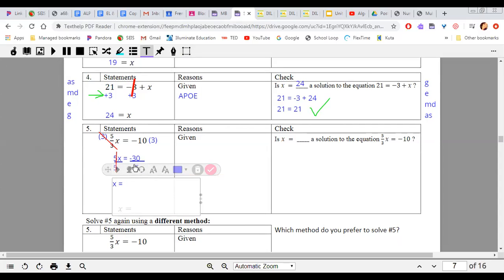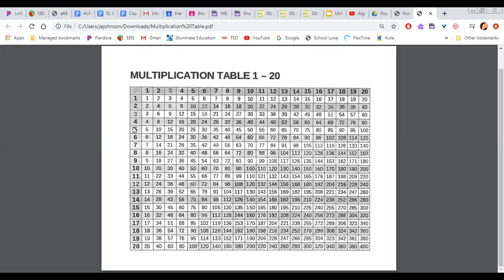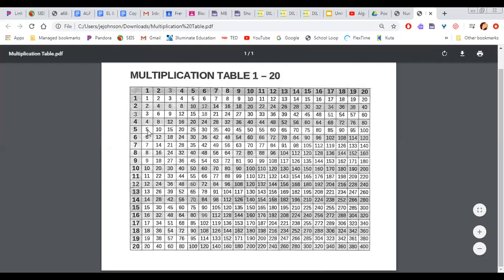And then I see negative 30 divided by 5, what's that? 6. Good.